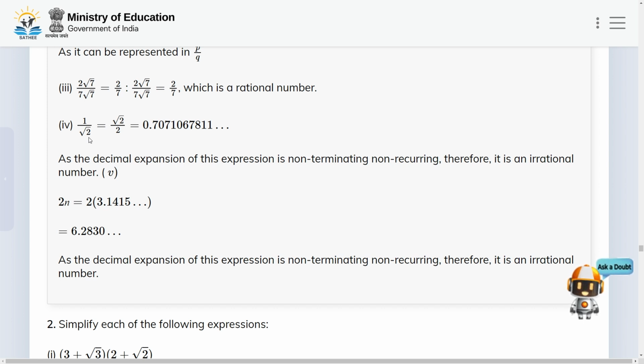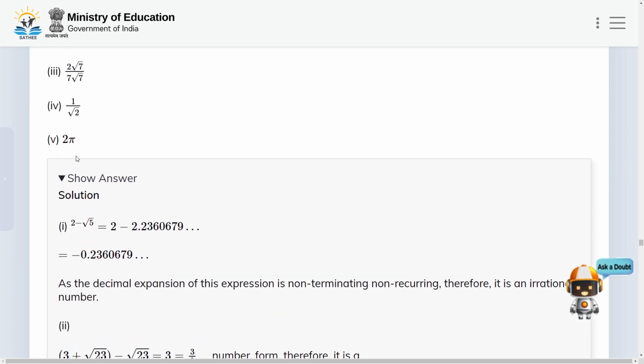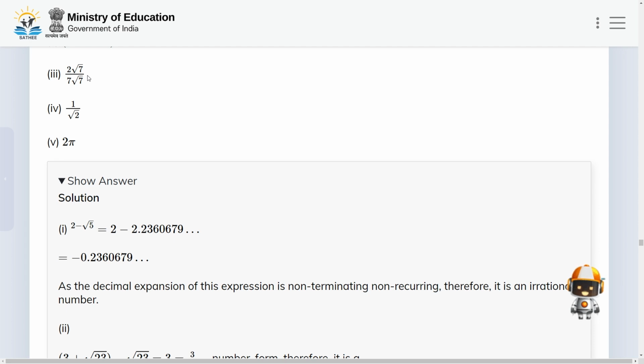So root 7 will cancel and we get 2 by 7, which is of the form p over q, where p, q are integers and q does not equal 0. Therefore it is a rational number. So we are able to write this number as 2 by 7, which is a rational number.